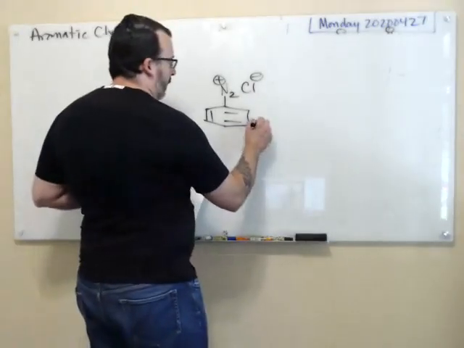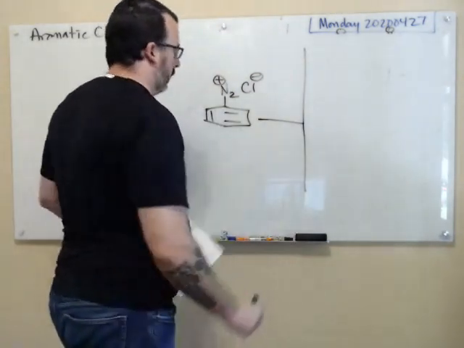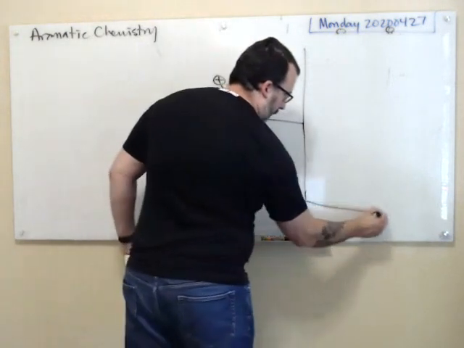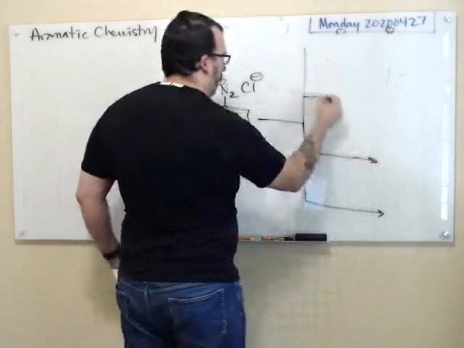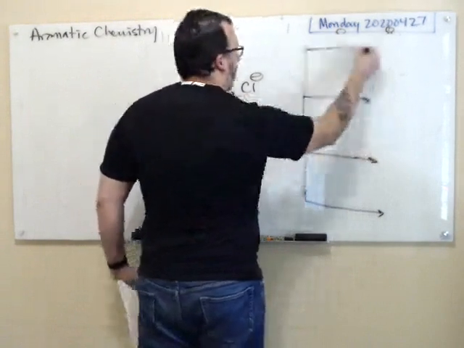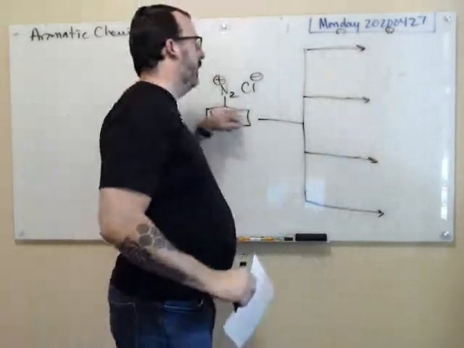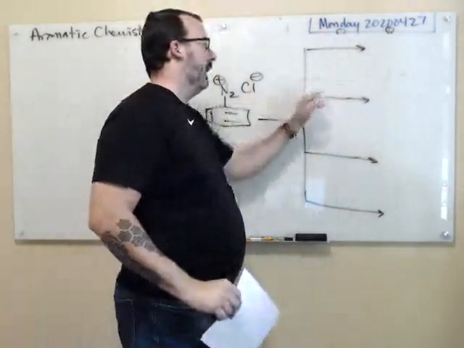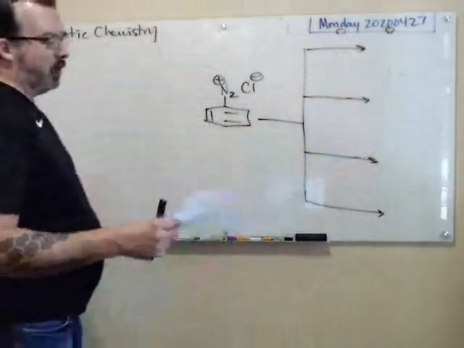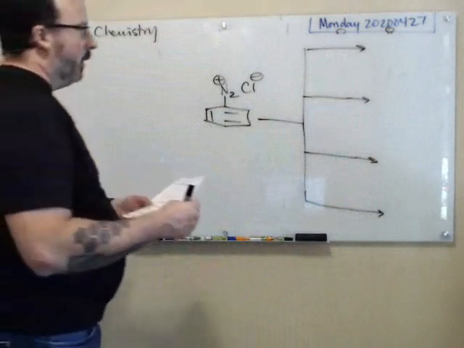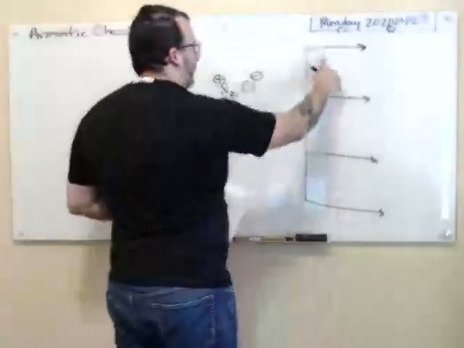I'm going to show you a manifold over here. Each of these is a separate reaction, starting with this. We can go this way, second, third, or fourth. They're separate things, not something you would all do at once. These are just going to be conditions to get the different halogens in.